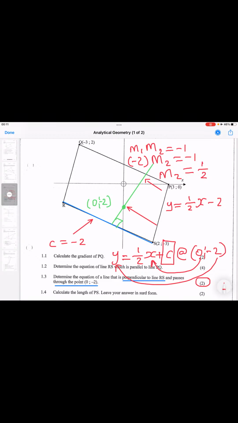You can either work it out just like I've explained, or you can straight away notice that we are given the y-intercept, which is negative 2. Someone might be wondering, in which case are we going to know that we need to do an observation or take it from the given information?